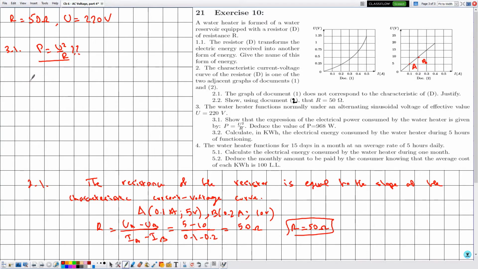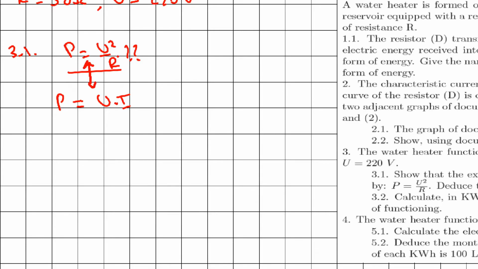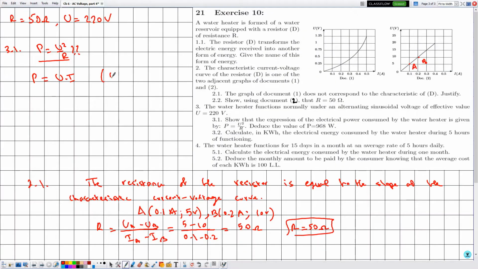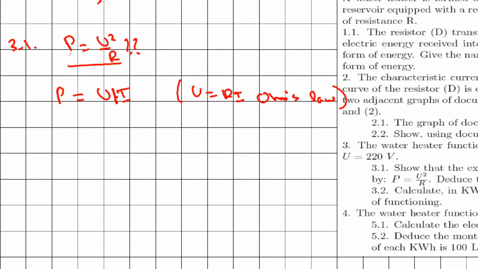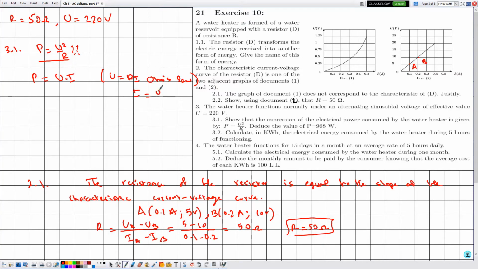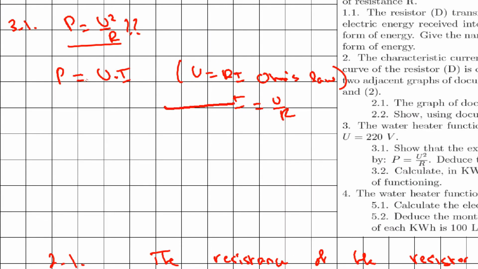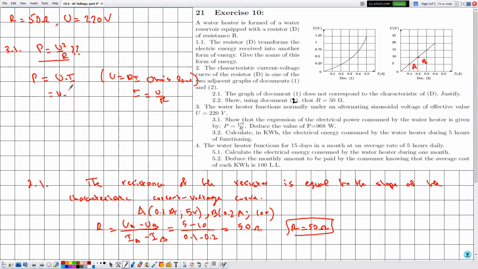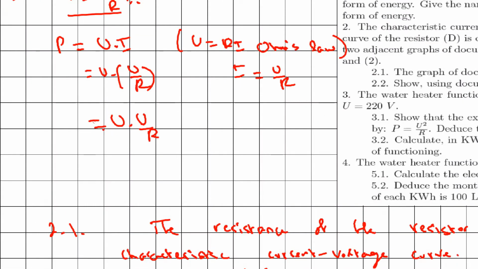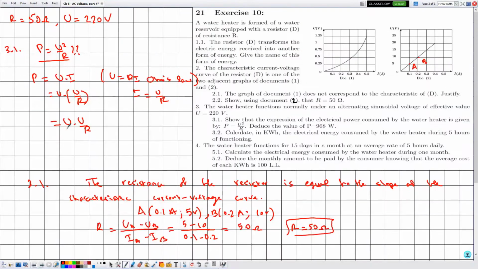And in order to prove the following expression, we always start from the general form, which is given by P is equal to U multiplied by I. Now comparing both forms, the connection is R, and this is given by Ohm's law, knowing that in this case if we compare both, it means that we need to get rid of I, which is given by U divided by R. Plugging this expression here, it's equal to U multiplied by U divided by R, which is equal to U times U divided by R. Here we are multiplying two fractions, in this case the first is given by U over 1.